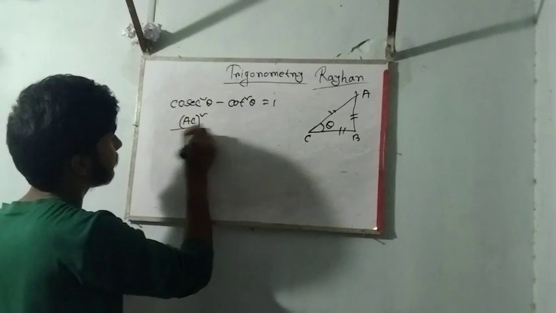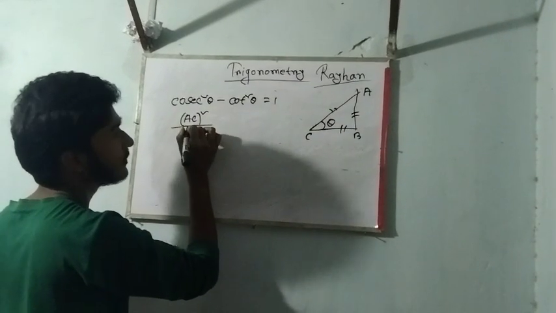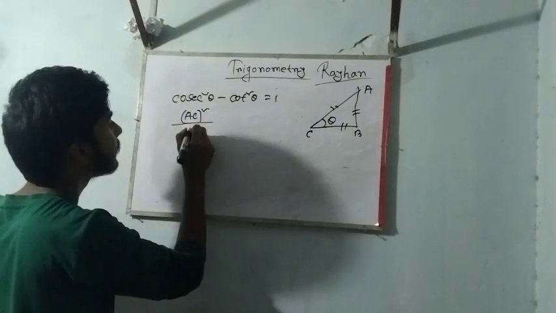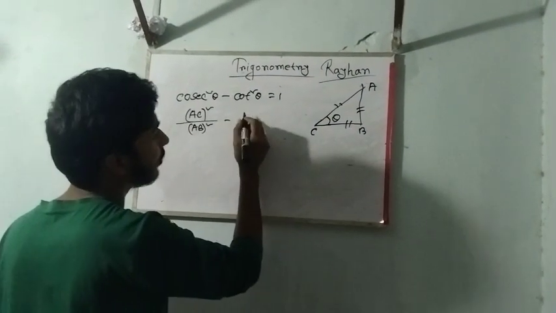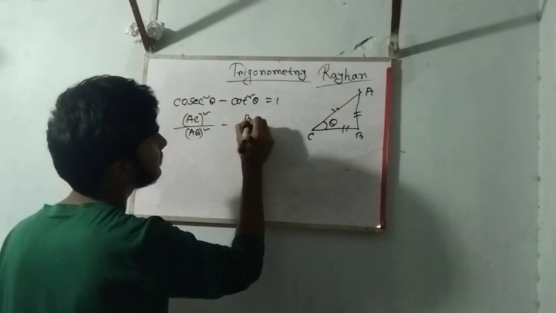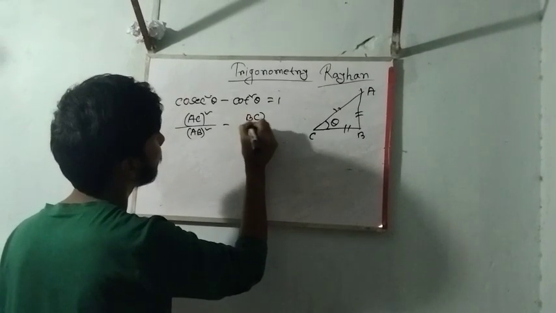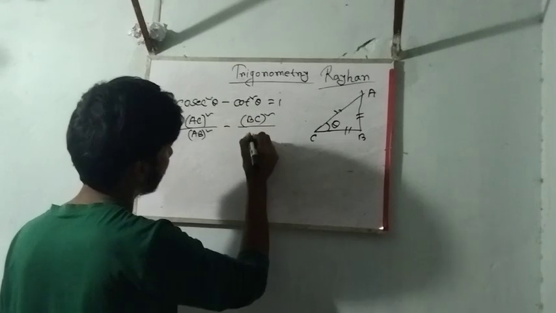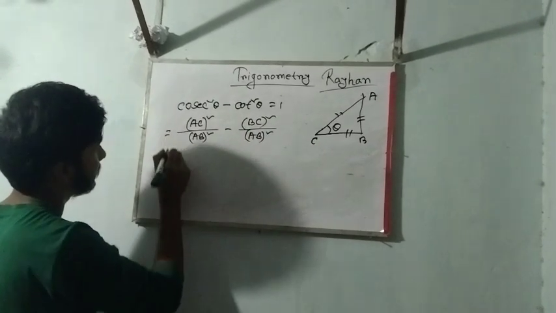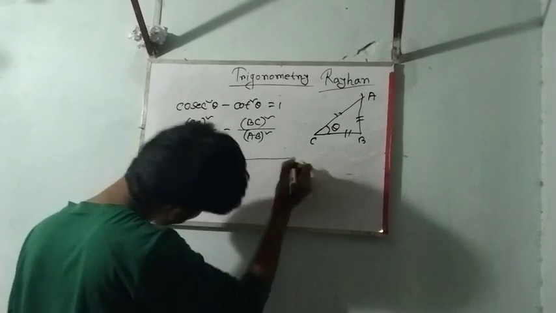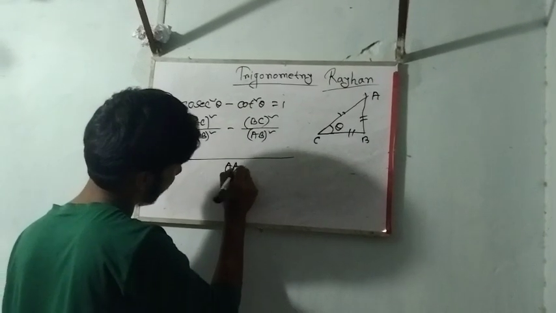AC square by AB square minus cot square, which is BC square by AB square, and the lowest common multiple is AB square.